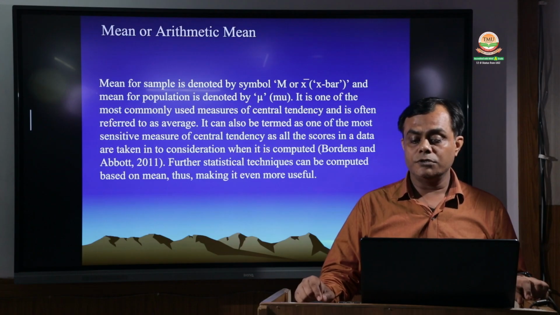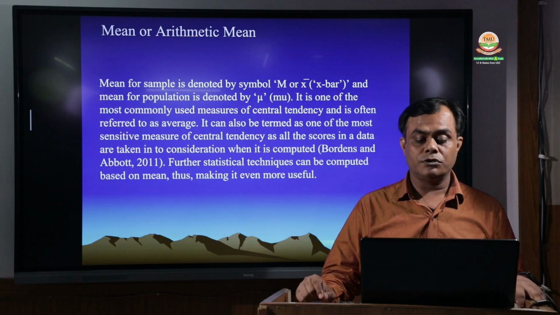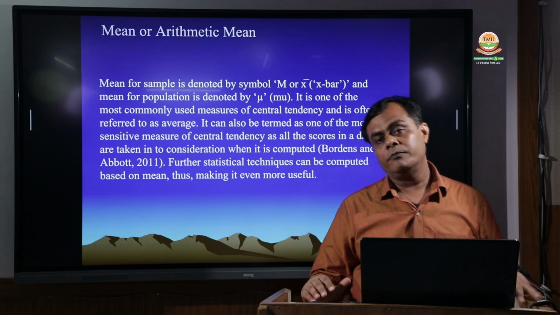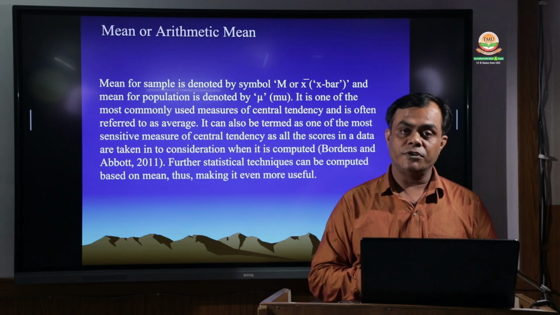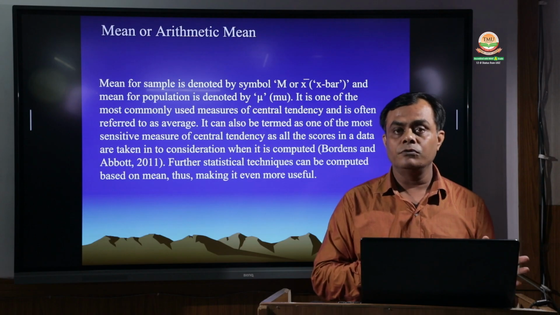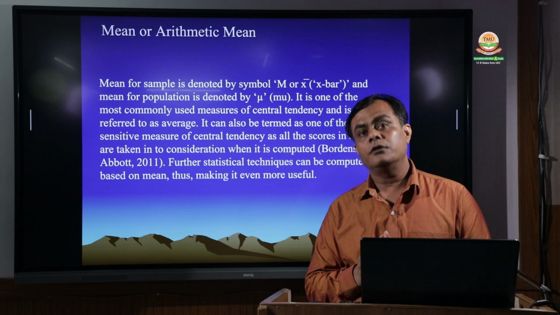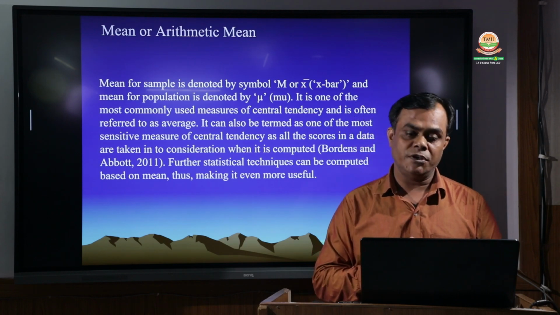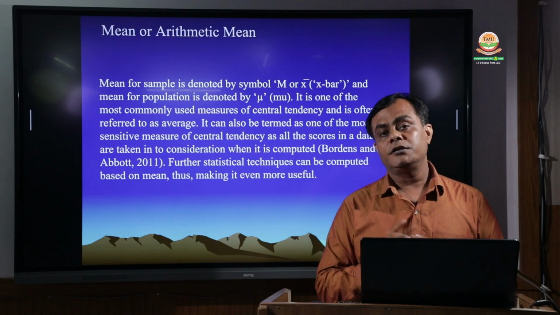It is one of the most commonly used measurements of central tendency, and it is often referred to as the average. So there should not be any confusion: the mean value, the arithmetic mean value, and the average are all three nomenclatures used for the same meaning, but we are just discriminating.